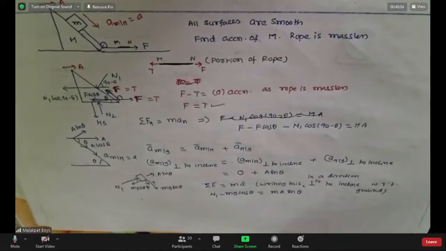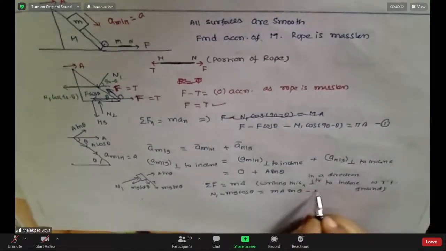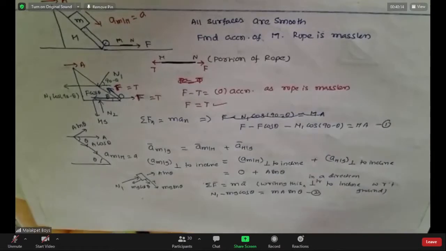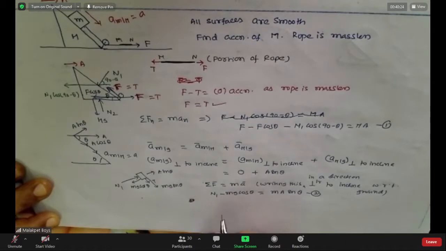Understood this? Yes, sir. So now you can see this is one equation, this is another equation. How many equations are there? 2 equations. How many unknowns are there? F is given. Acceleration we need. N1 is one unknown.